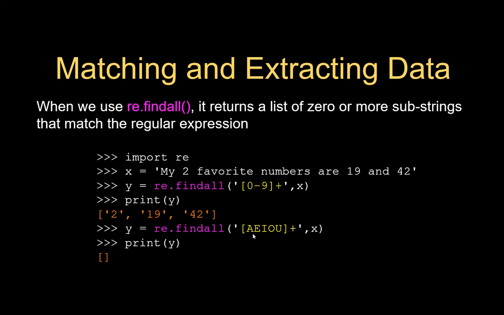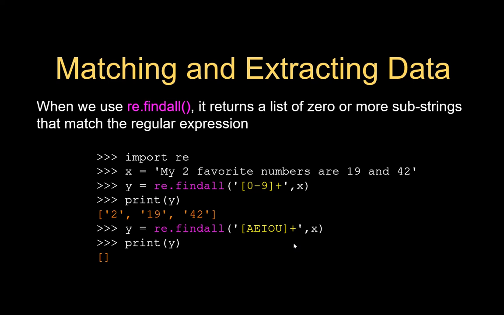What does this mean? If we didn't have the plus, this square bracket would mean only one alphabet, one letter from A, E, I, O, U. But because we have plus, it means one or more.